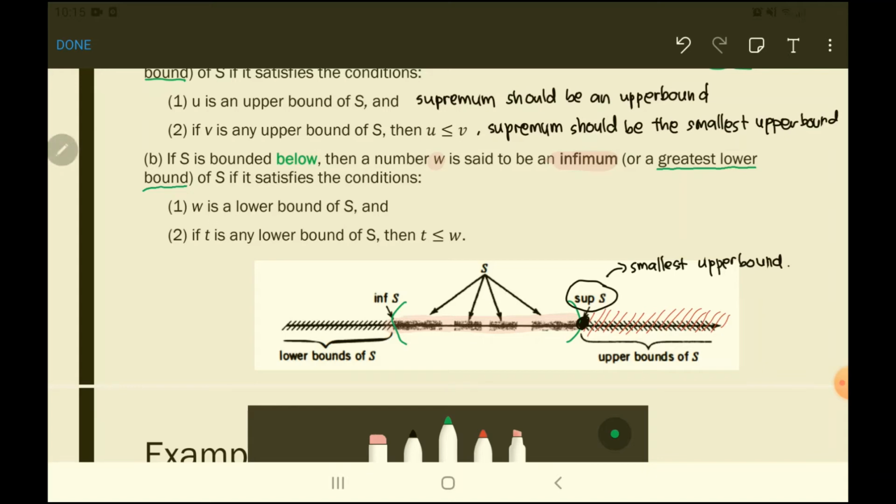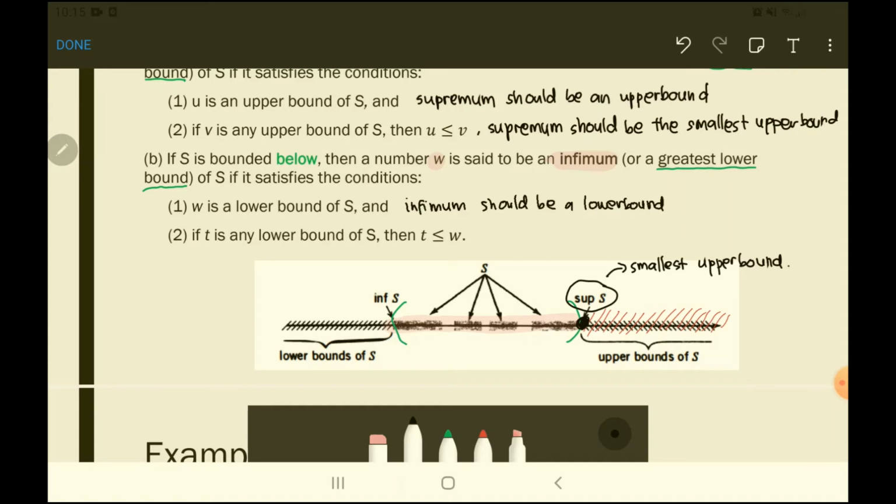So w is said to be the infimum if it satisfies two conditions. The first one: w should be a lower bound first.